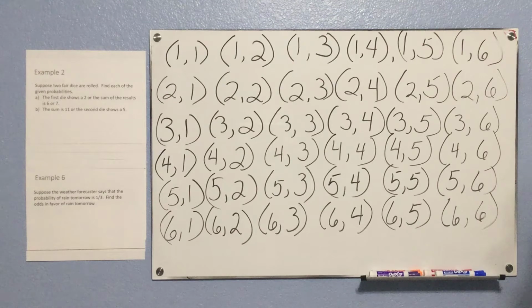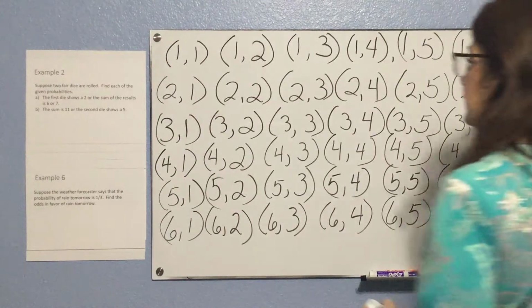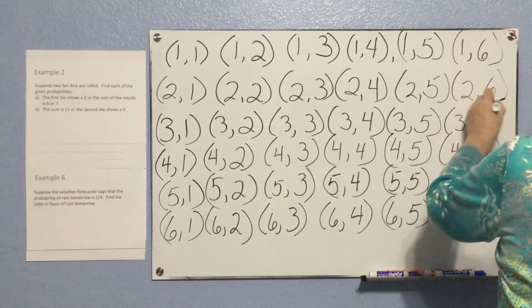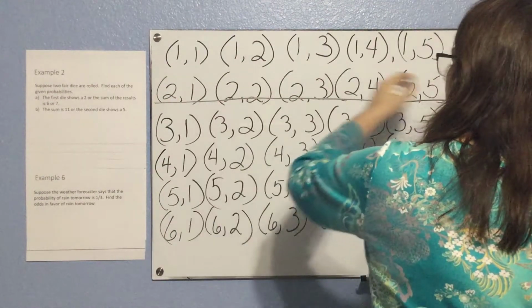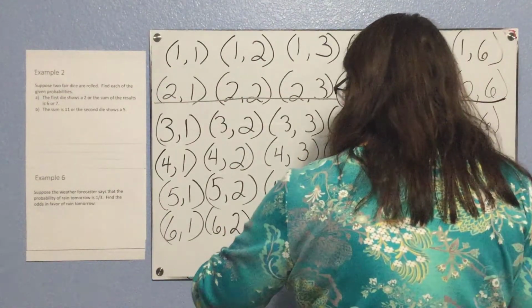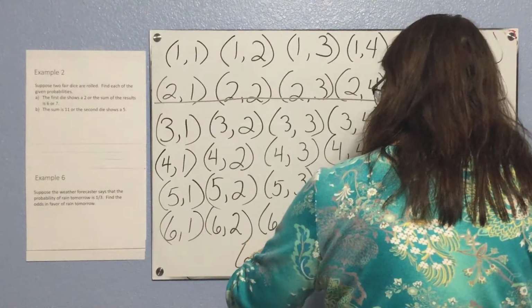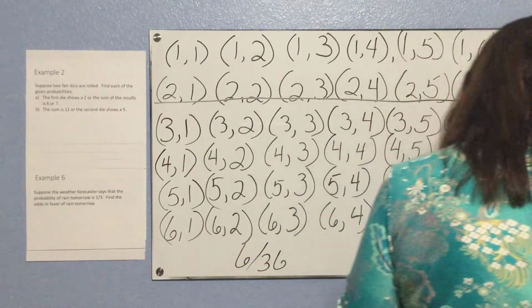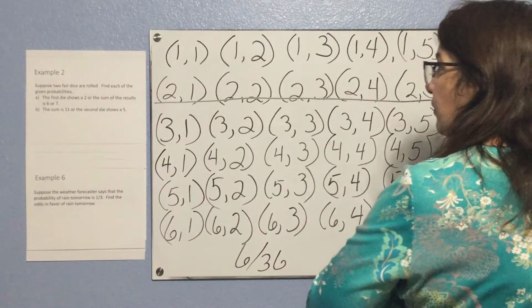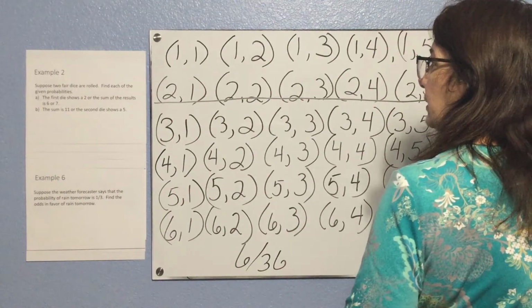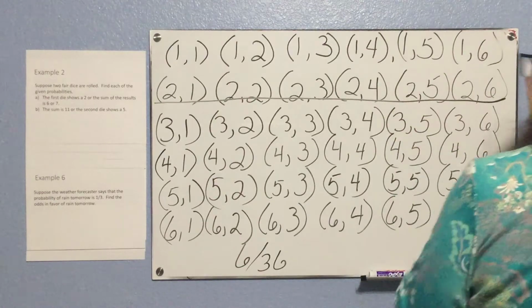And the first one we're going to find, the first die shows a 2, or the sum of the results is 6 or 7. So if the first die shows a 2, that would be this row. And so there are 6 events in that row out of 36. Now let's look for the sum of the results is 6 or 7.